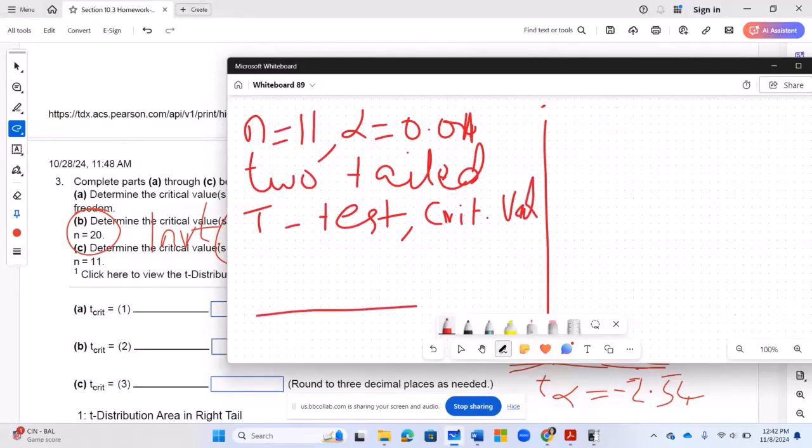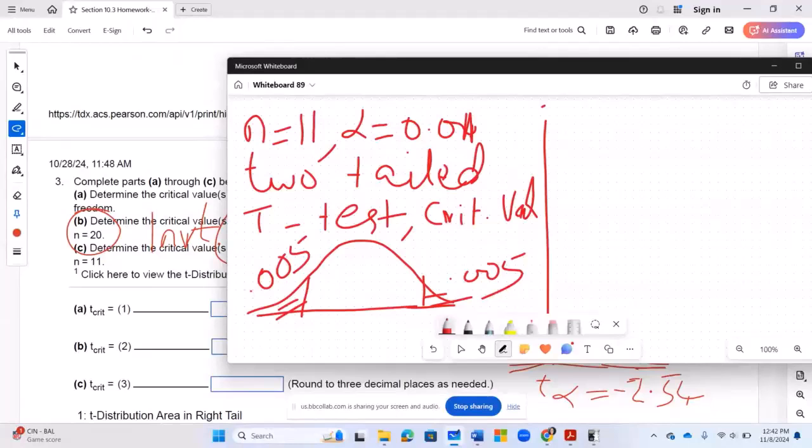All right, so draw a normal curve, show that I have two tails. Because alpha is 1%, I have to divide alpha by 2. I have two tails. So when I divide 1% by 2, I have 0.005. So this area is 0.005. Therefore, I am looking for T.005, T alpha over 2.